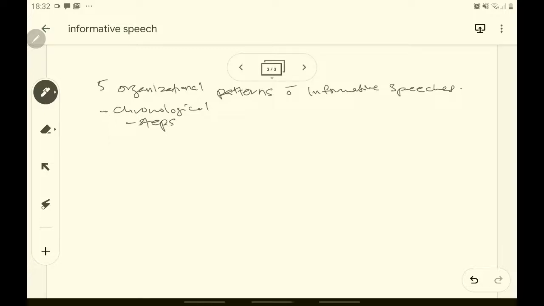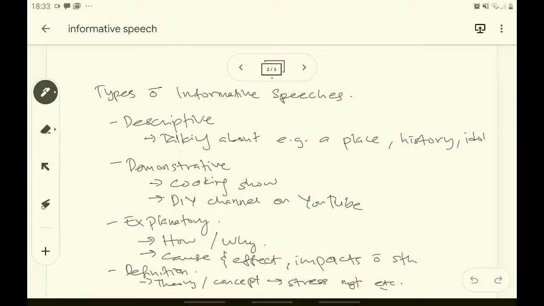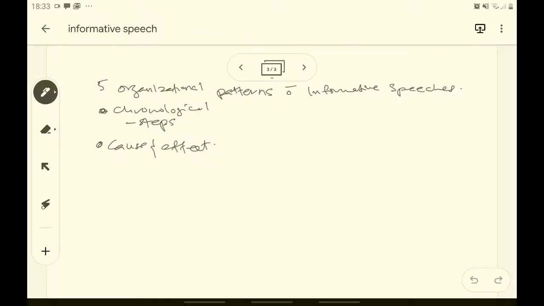All right, so you have chronological, and then the second one is cause and effect. Cause and effect is a pattern that you use to describe the cause of the problem or the effects of the problem. So this applies to the explanatory type of informative speech. And then you have your problem solution.